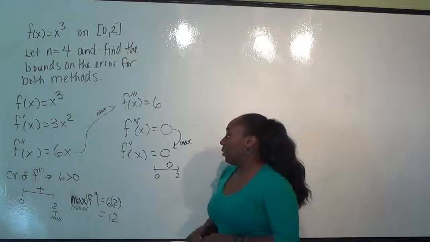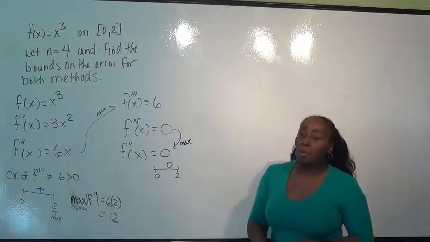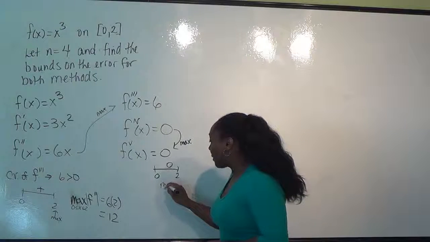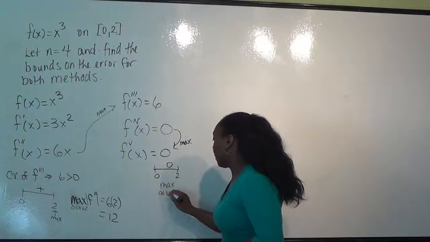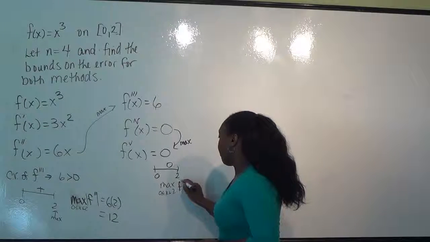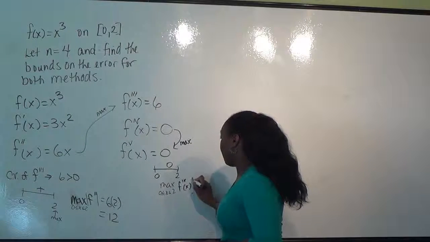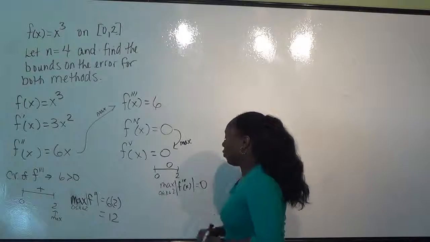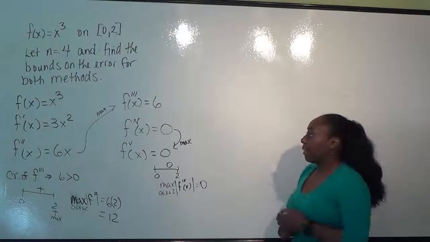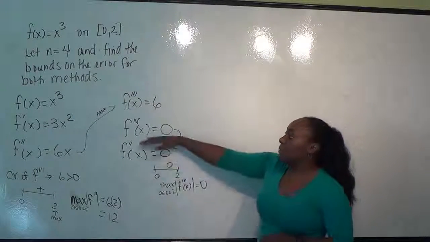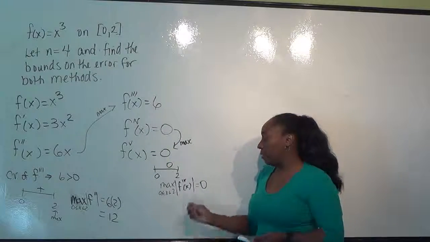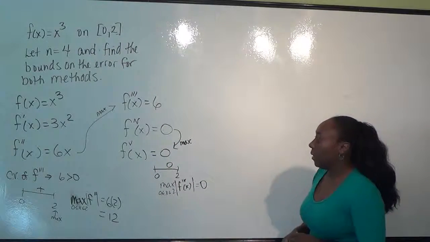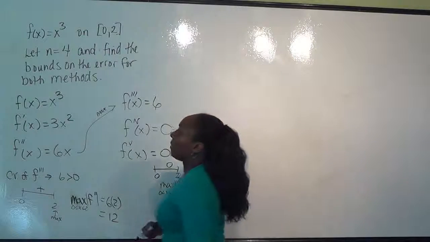So basically it's the same everywhere, which means our max on 0 to 2 of f to the fourth is just 0. Another way to say that is, my function is 0 everywhere. The height of it is going to be 0 everywhere, so the max is 0. So we've got our maxes.